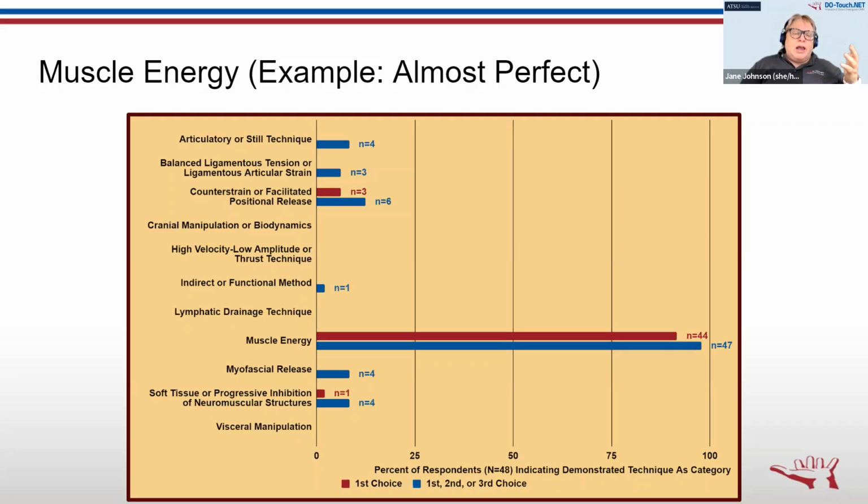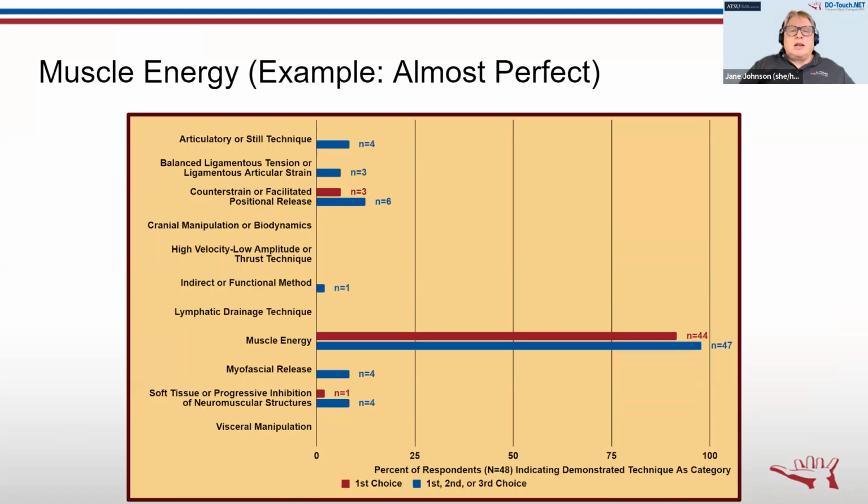The big blue bar under muscle energy is almost 100% of the respondents saying, as their first, second, or third choice, that that particular video was demonstrating muscle energy. And the person who did the demonstration said they were doing muscle energy. So this is an example of almost perfect consistency on what people were calling this particular demonstrated technique.